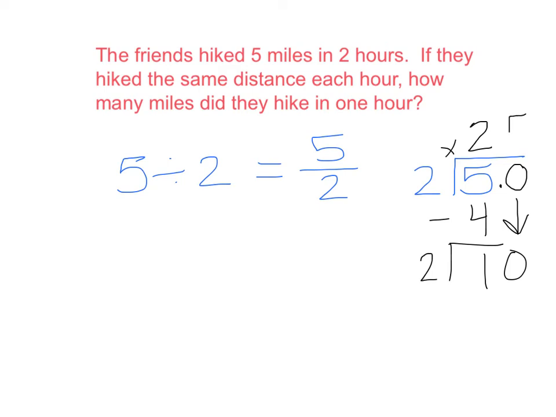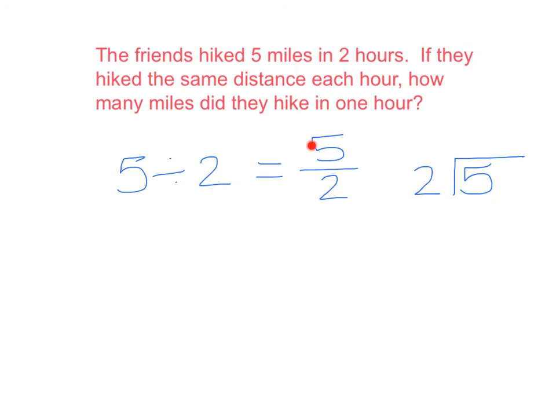Well, that's 5. 5 times 2 is 10, and that gets me down to 0. But I'm not finished until I bring my decimal up. So my answer would be 2.5 miles per hour.